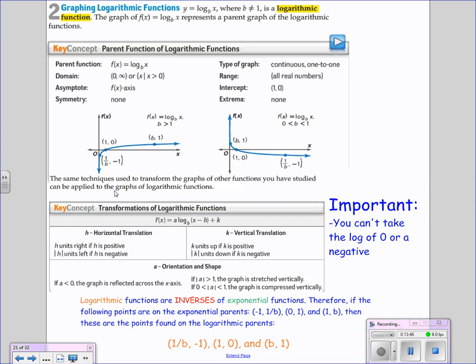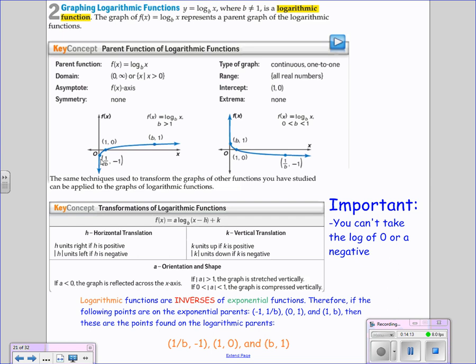And then the exponential had horizontal asymptotes. For logarithmic, it's going to have a vertical asymptote. So on the parent, the vertical asymptote is the y-axis, x equals 0 is the parent right here.